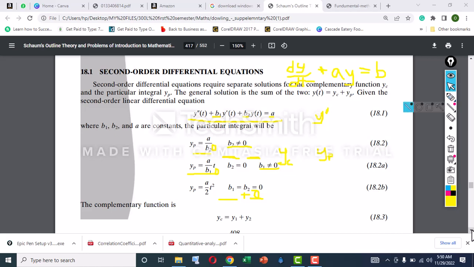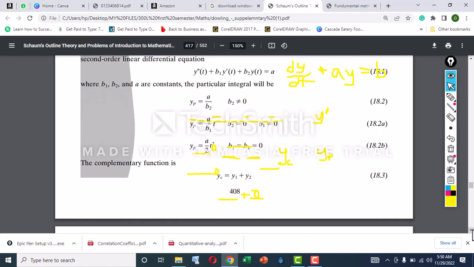That's for particular integral. So we now go to complementary function. How do we find our complementary function?